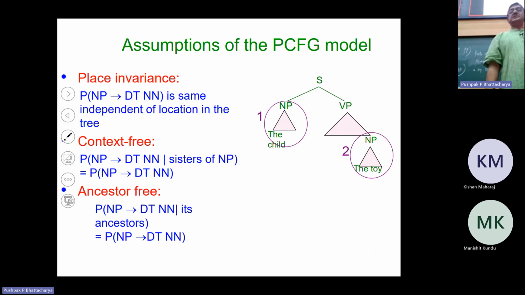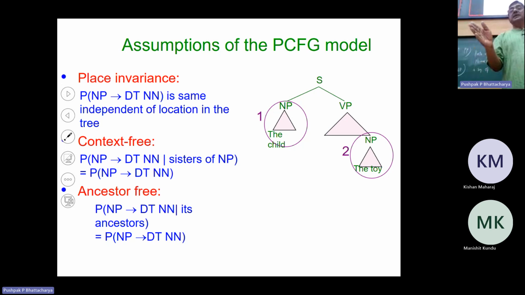The context freeness assumption. The probability of NP going to DT NN given the siblings of NP is equal to probability of NP going to DT NN. That means the siblings have no influence on that probability. This is the context freeness assumption. It is independent of the context. And the next assumption is ancestor freeness assumption.